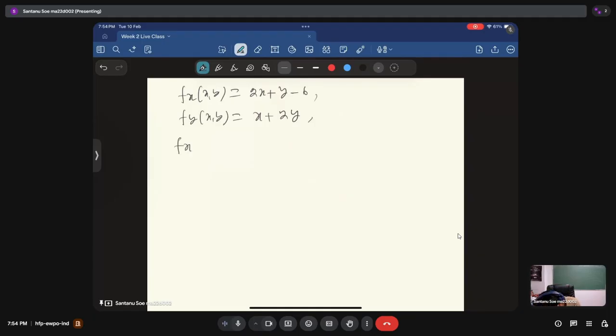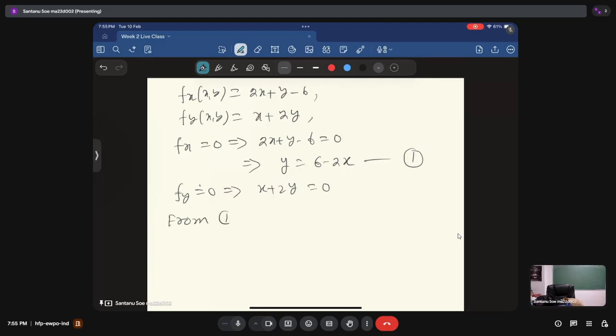So now if we just put fx to be 0, this will imply 2x plus y minus 6 is 0, and this is implying y equals 6 minus 2x. Now let us call this 1. Then fy equals 0 will imply x plus 2y equals 0.